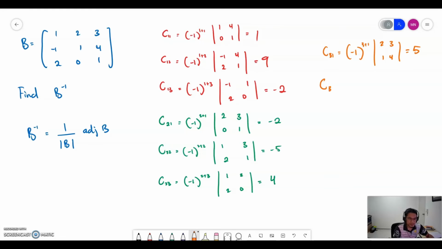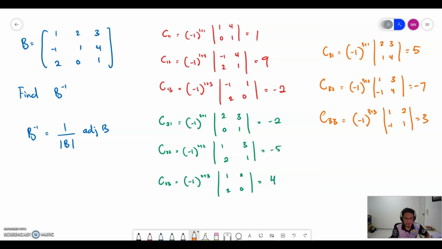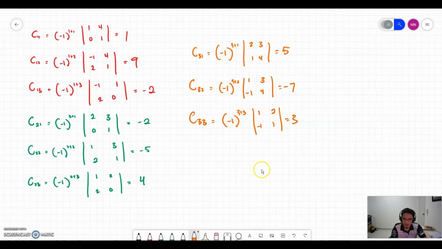Then C32, negative 1 to the power of 3 plus 2, 1, 3, negative 1, 4. So this is equal to negative 7. And finally C33, negative 1 to the power of 3 plus 3, and 1, 2, negative 1, 1, equal to 3. So now we have all the cofactors.